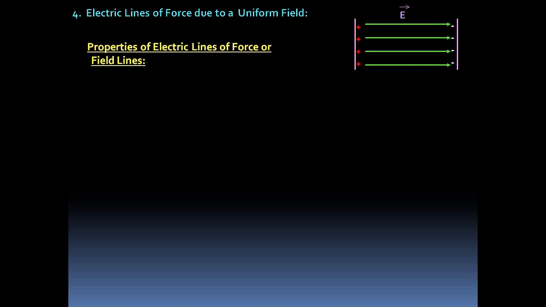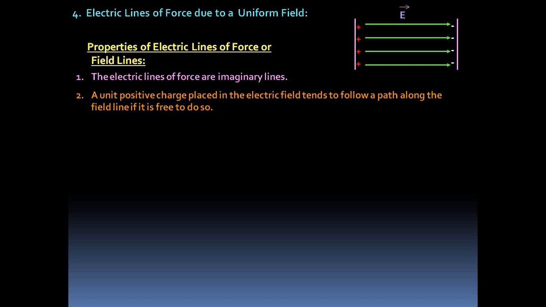Now the properties of electric lines of force or field lines. These are important ones, and you should learn them. Number 1, the electric lines of force are imaginary lines. Number 2, a unit positive charge placed in the electric field tends to follow a path along the field line if it is free to do so.